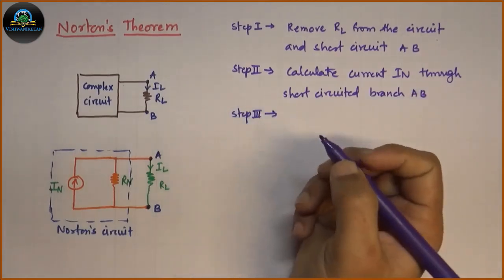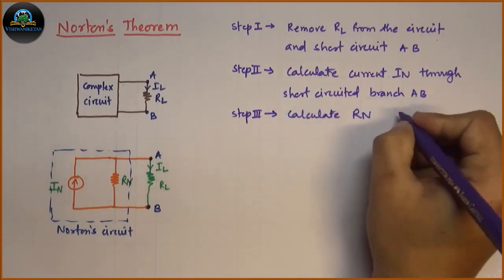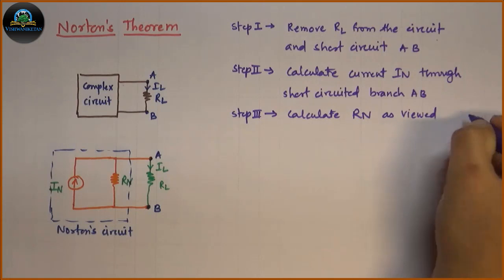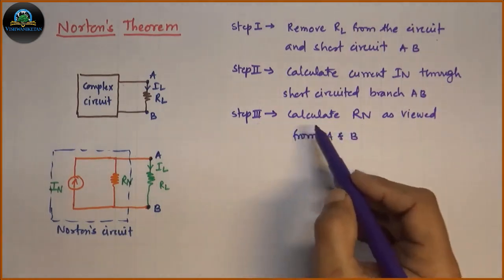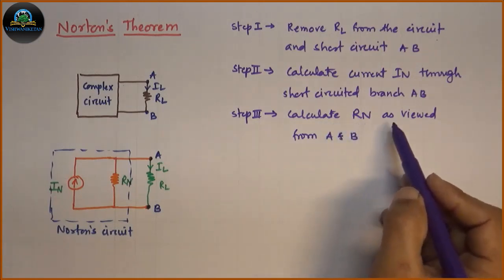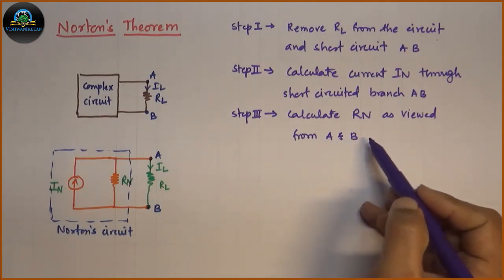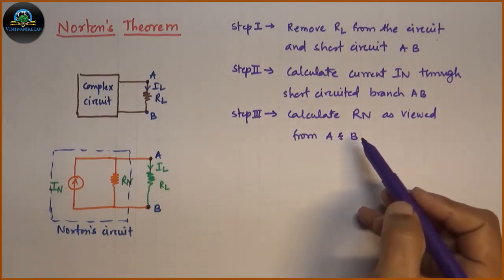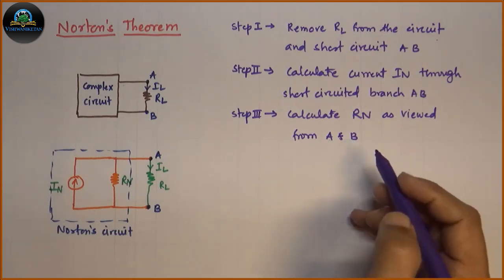Then step 3 will be we will calculate Rn, that is Norton's resistance, as viewed back from terminals A and B. So it will be equivalent resistance across AB similar to RTh in Thevenin's theorem.